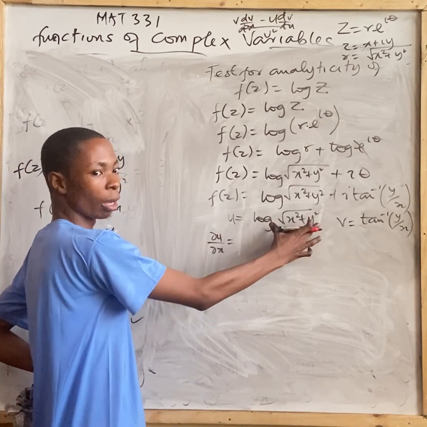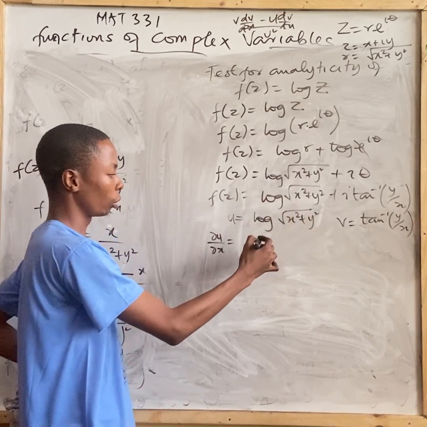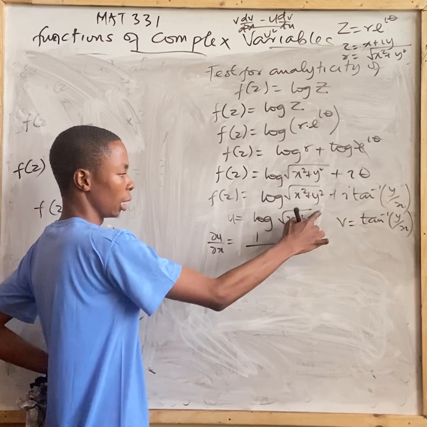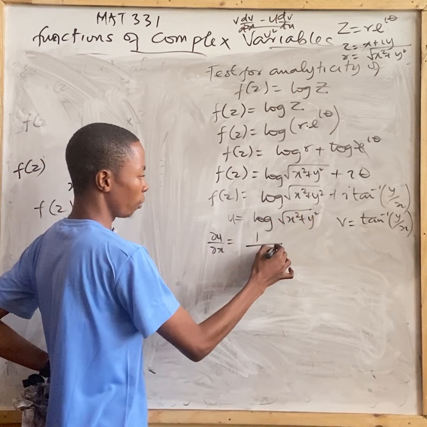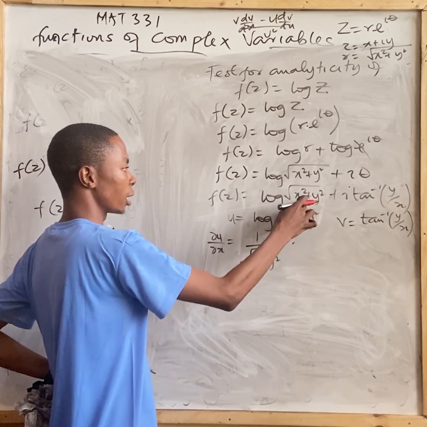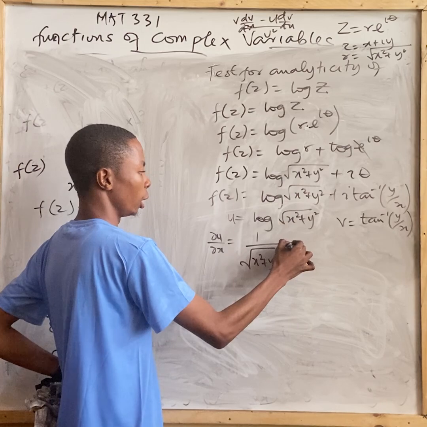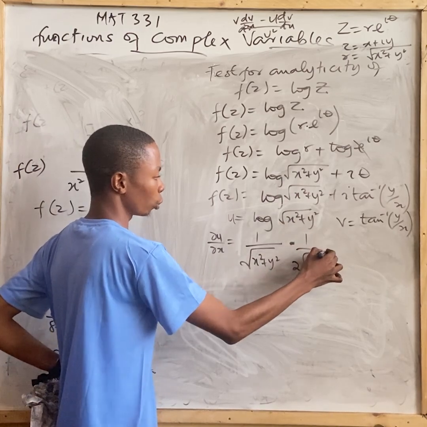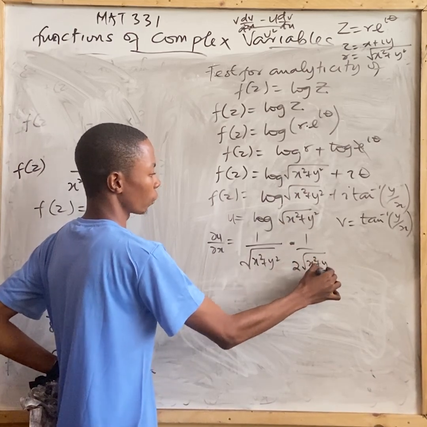If I'm differentiating a log function, it's 1 over that thing, so 1 over square root of x squared plus y squared. And differentiating something with a root gives 1 over 2 times the root of x squared plus y squared.